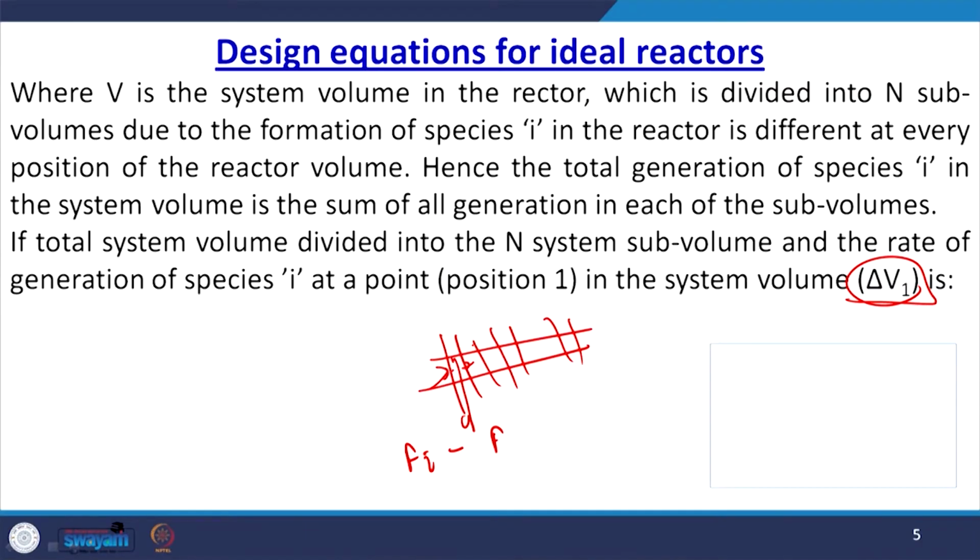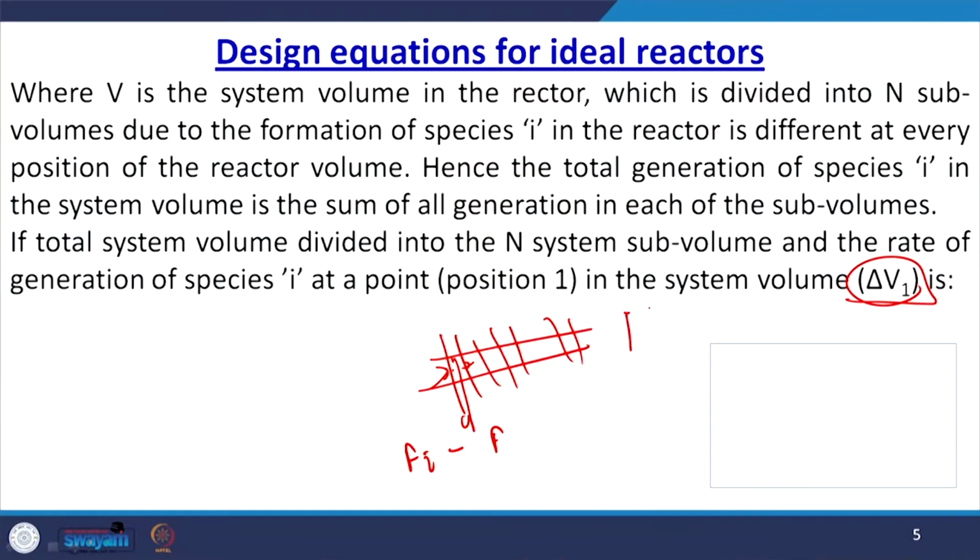Sometimes you may need a sequential approach, like one output being the input of another, and sometimes these things are integrated within the specified volume. So the total generation of species I in the system volume is usually the sum of all generations in each of the sub-volumes.